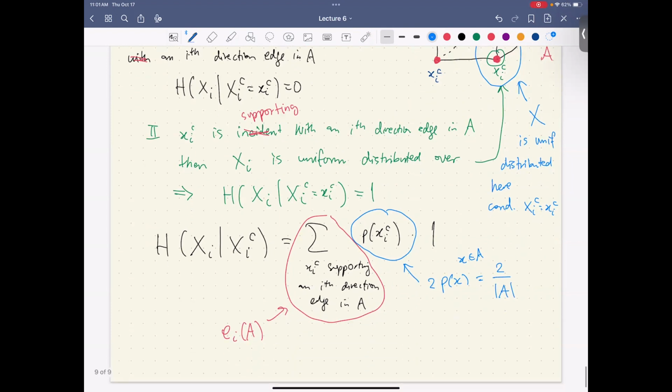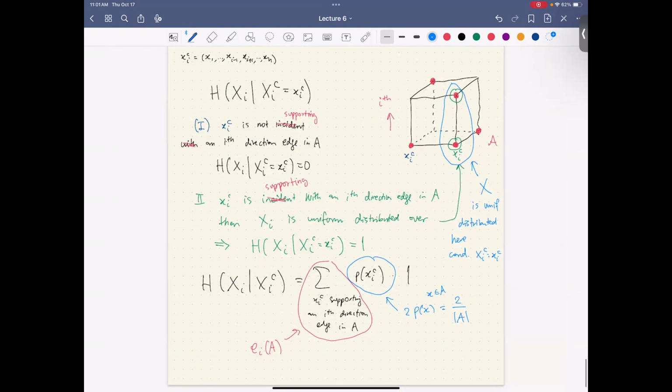which is 2 over |A|. Once again, what do I mean here? This might be a little bit fast. If we already know this projection supports an edge, then the marginal probability of this projection, because x is uniformly sampled in A, every vertex, every red dot, has probability 1 over |A|, right?